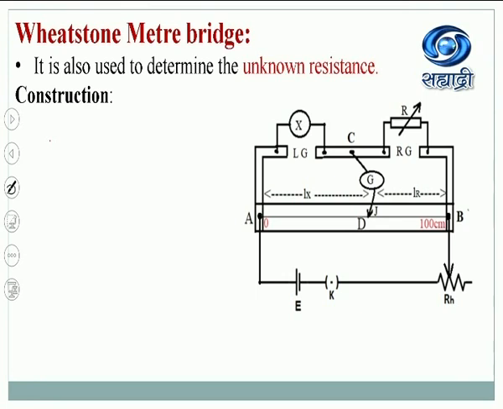In this diagram, it is shown that this Wheatstone meter bridge consists of a long uniform wire of 100 centimeter in length. This is the wire AB, which is fixed on the wooden support having length 100 centimeter, that is 1 meter. Hence it is called the meter bridge, remember.